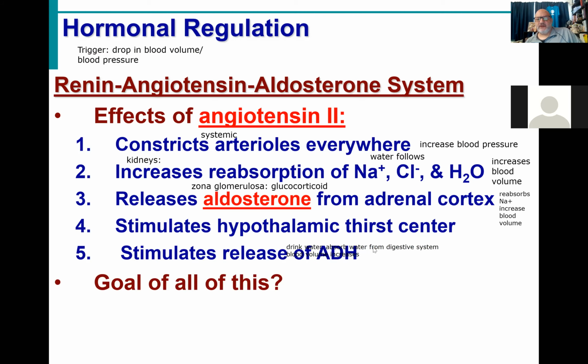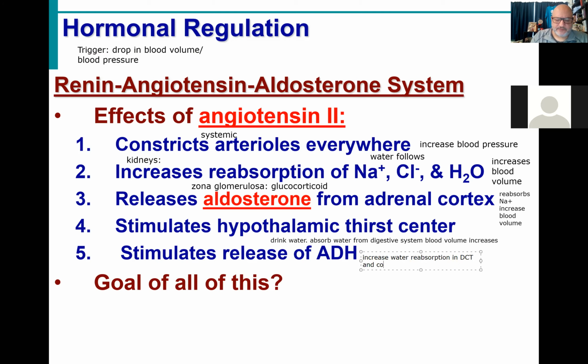Oh, and as if that wasn't enough, I guess I have to sneak this up here and do that. Stimulates the release of antidiuretic hormone, which, as we also know, increases water absorption in the distal convoluted tubule and collecting duct. And again, more water back increases blood volume.